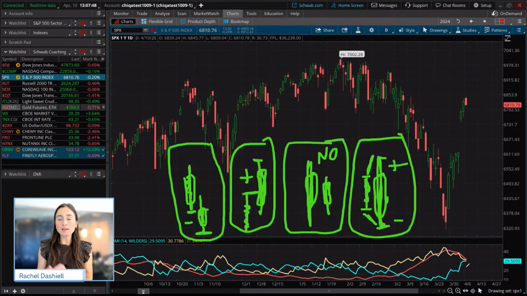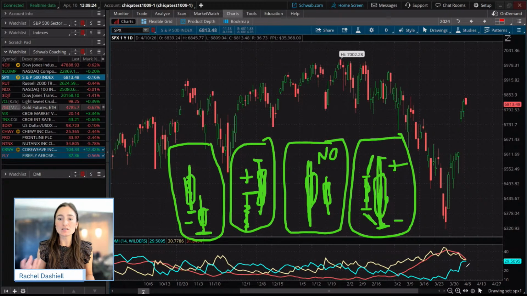Again, the blue line is your positive directional movement, comparing that trend, and the yellow line is going to be that negative directional movement. Then you have that third line, the red one, which is our average directional movement. What that does is take a 14-day average, a 14-day average true range, and create an average of that movement.